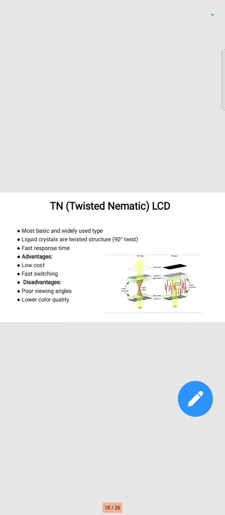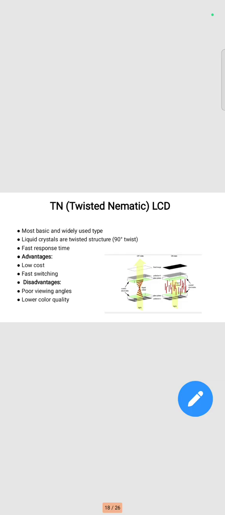Okay, so first we see TN LCD, that is twisted nematic LCD. See the diagram. This is the diagrammatic representation of TN twisted nematic LCD. This TN LCD is the most basic and widely used type. These liquid crystals are twisted in structure, 90-degree twisted.